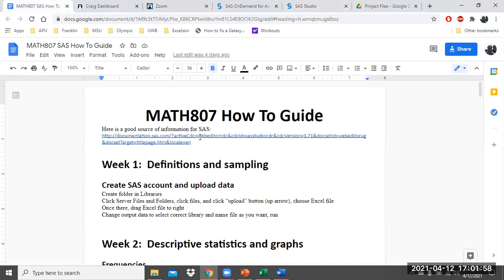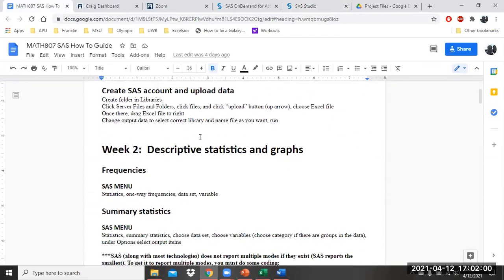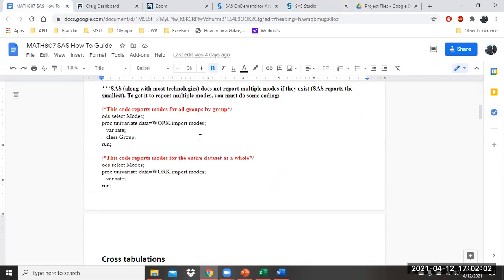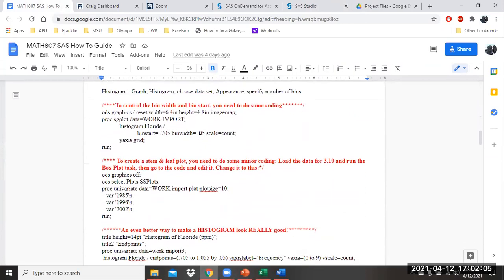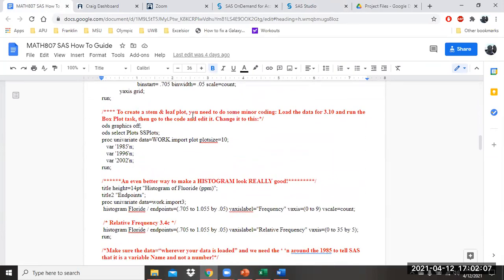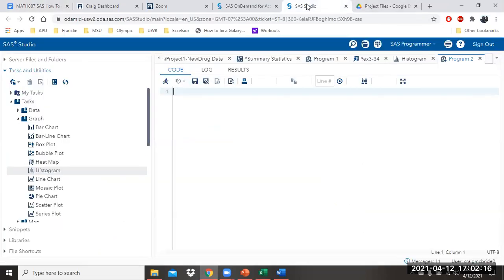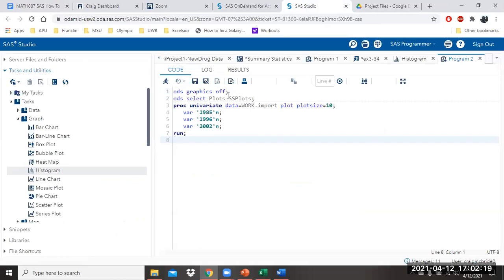Okay, so now if I go to the SAS how-to guide and scroll down right here, create a stem and leaf plot. I'm just going to copy all of this, Control C, SAS, Control V. First thing I need to do is always change your data call out so that it's pulling the right set of data. This one was put into import two, so I need to change that to import two.